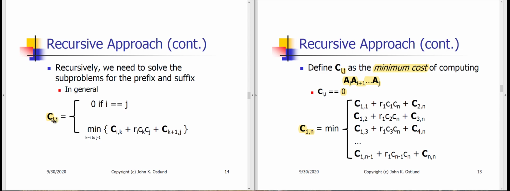Otherwise, if j is greater than i, we're not going to deal with situations where j is less than i.